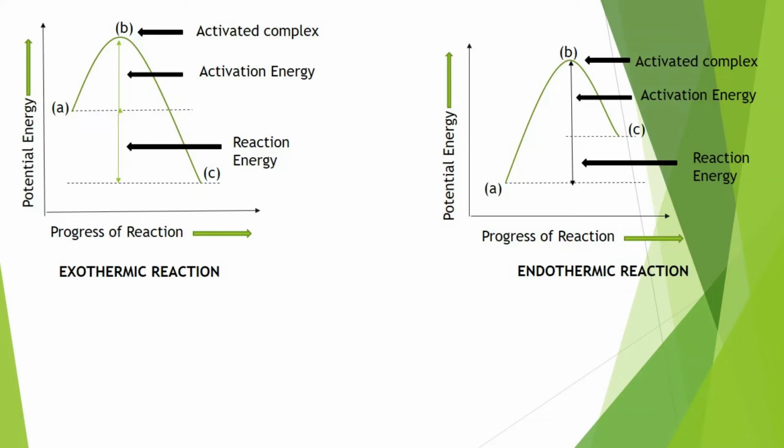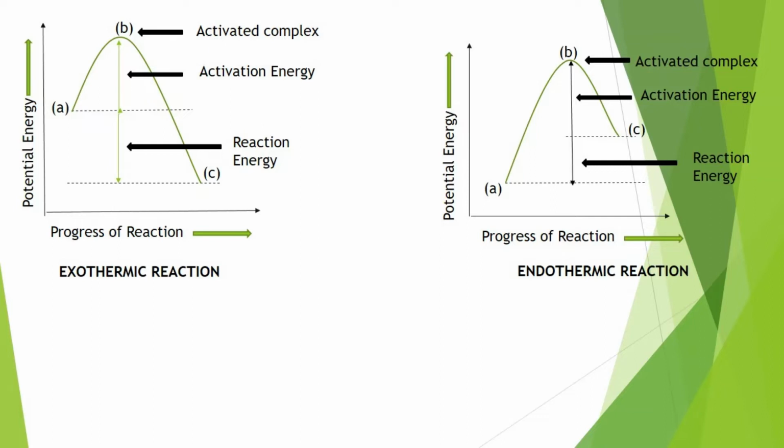And you can see here that there are two types of energies: activation energy and reaction energy. Activation energy is the energy difference between reactant and activated complex. Reaction energy is the energy difference between activated complex and product.